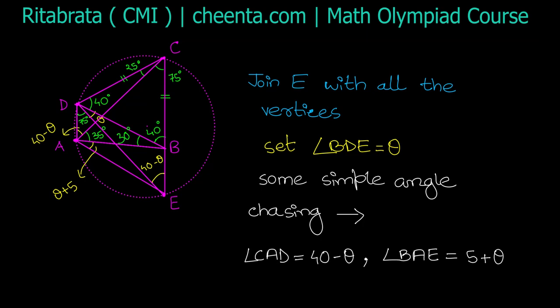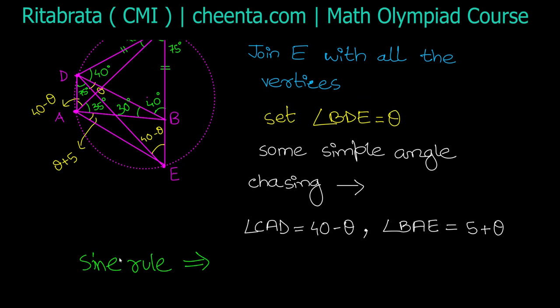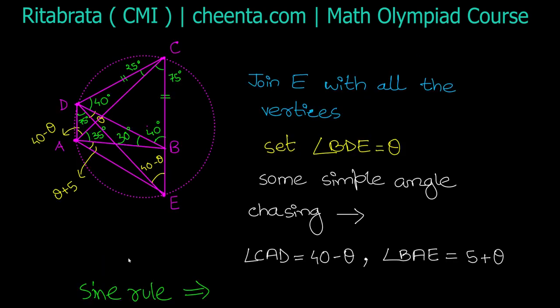Sine rule, what does it give me? In triangle ADC, I want to find DC by AC, these types of ratios.